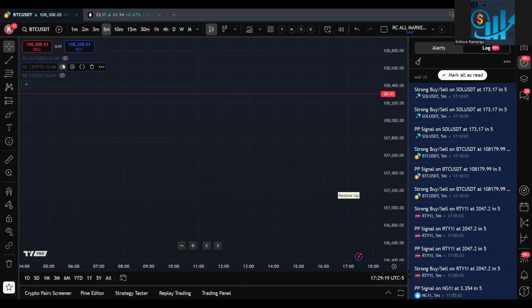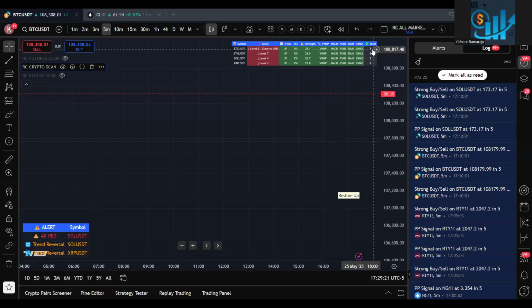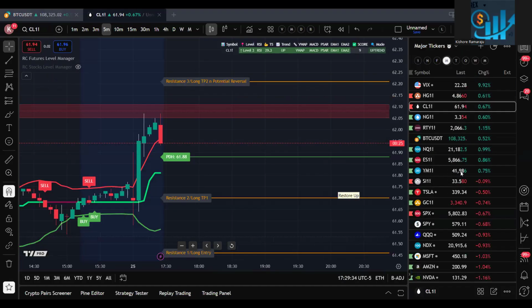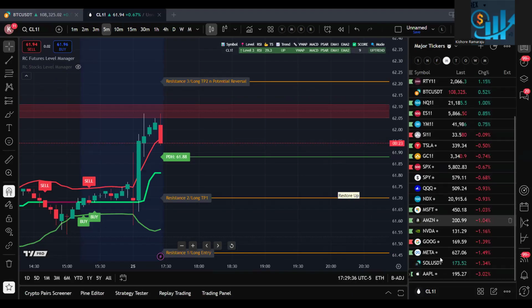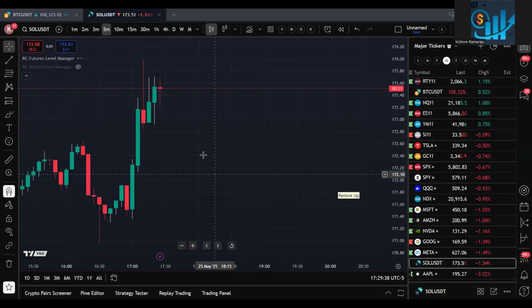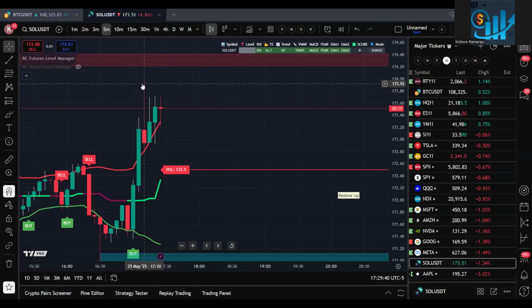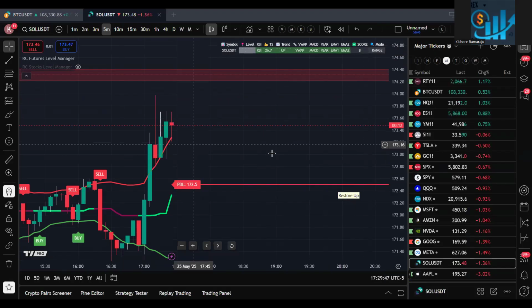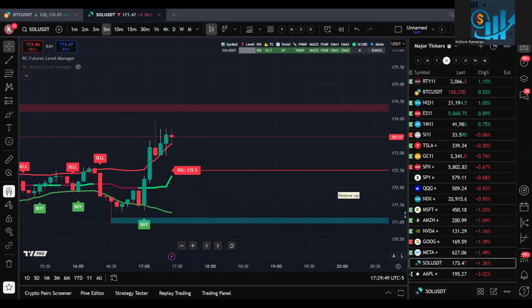So if I go to crypto, Bitcoin is 8, Ethereum is 8, Sol is 8, XRP is 8, and they are mostly looking green. So if I go to Bitcoin, you can see Sol is moving up and up, right? So your RSI, everything is looking good. Score is 8.